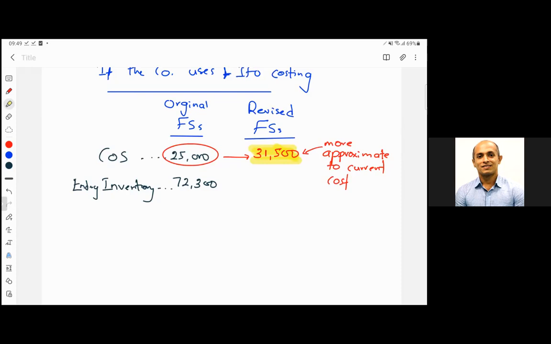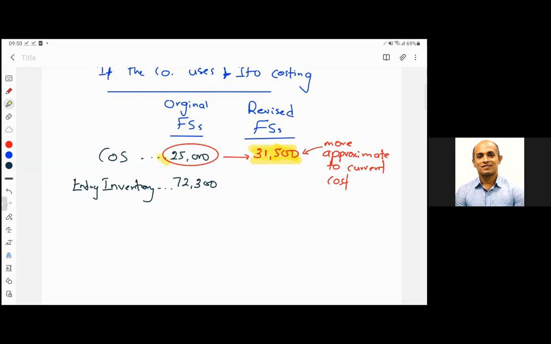Now let's see, if you do not adjust, what are the implications to the financial ratios? If you do not adjust, your cost of sales is 25,000, which is understated.